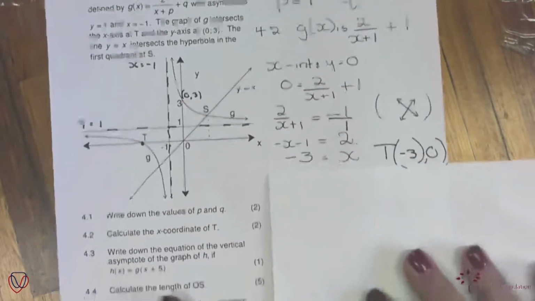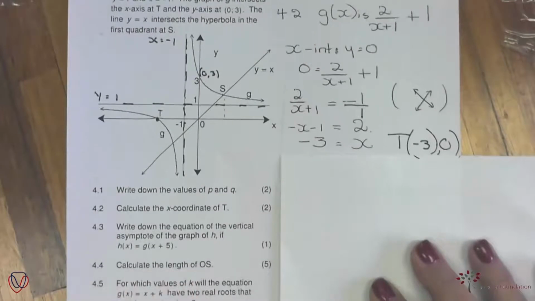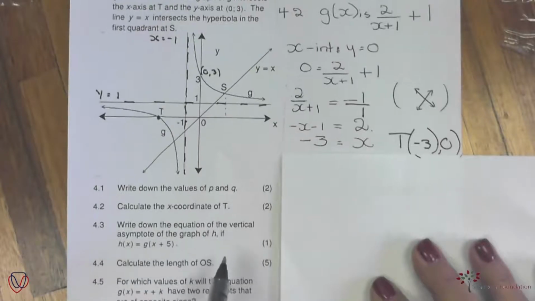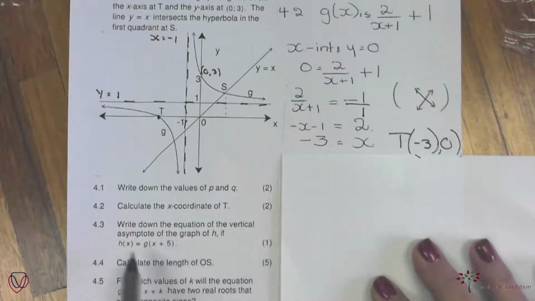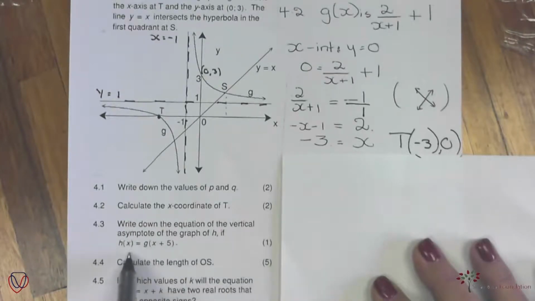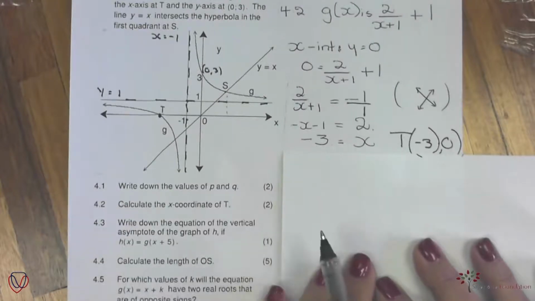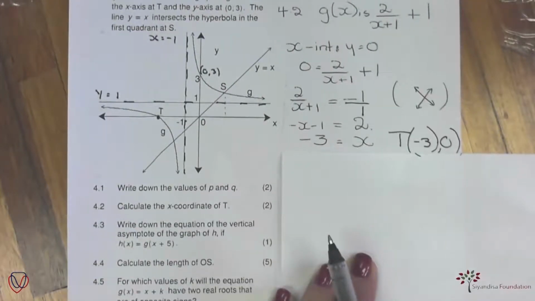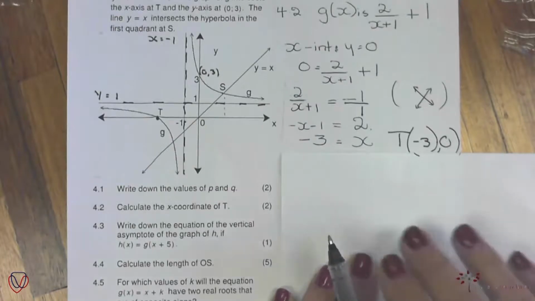Have you got the question there? Let's see. Write down the equation of the vertical asymptote of the graph of h. We don't have such a graph, so it's a new graph. If h(x) is g(x) plus 5. Voila! Now I wonder whether you remember what I said.